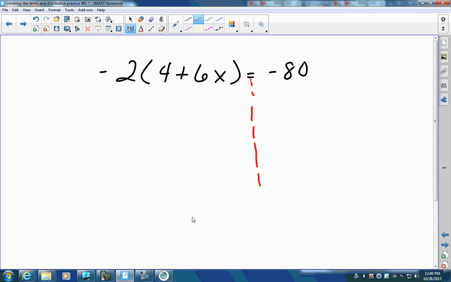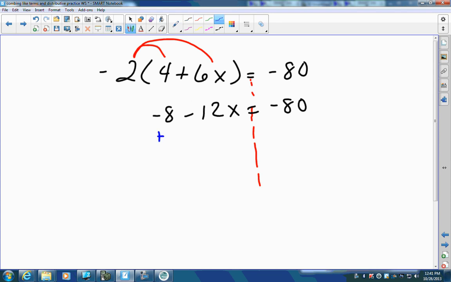I multiply negative 2 times 4 and negative 2 times 6x. So now I have negative 2 times 4, negative 8, negative 2 times 6x, negative 12x, and I'll finish my equation. Okay, so the parenthesis part, that's what we've just been working on. Now it's a 2-step equation that we've done since the beginning of the year.